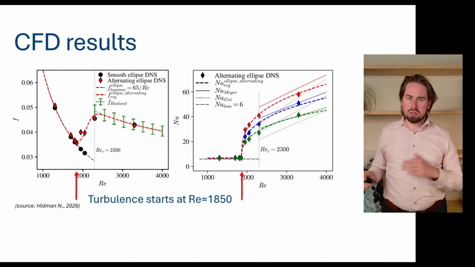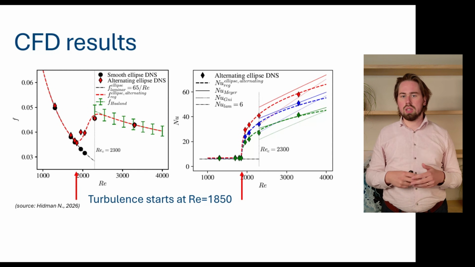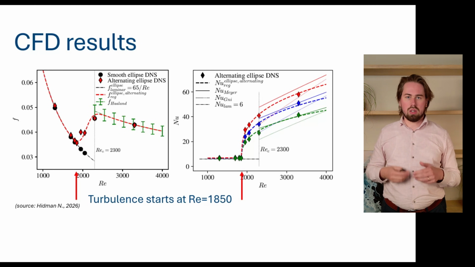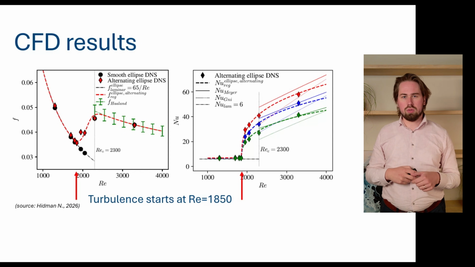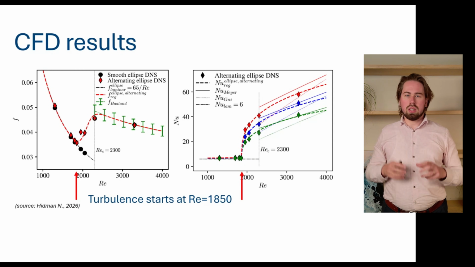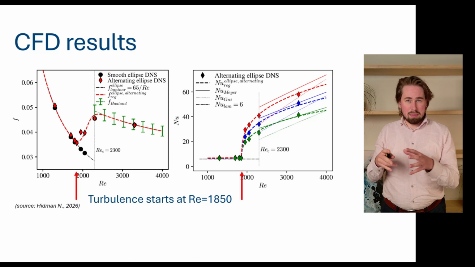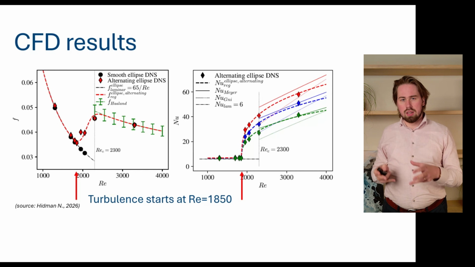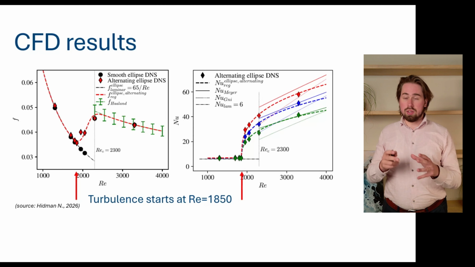And then after 2300, it again follows the known pattern for the heat transfer, or the Nusselt number, in smooth pipes. So this was what we wanted to say about the heat transfer inside the pipe, everything related to the fluid. But now let's discuss the heat transfer outside.